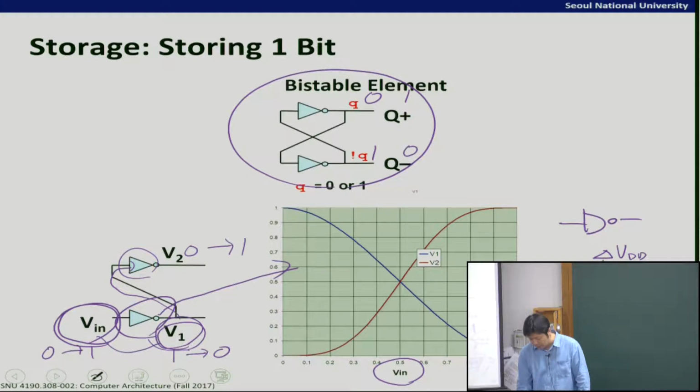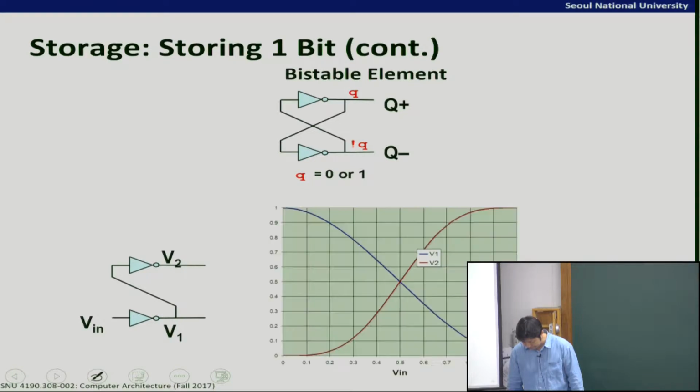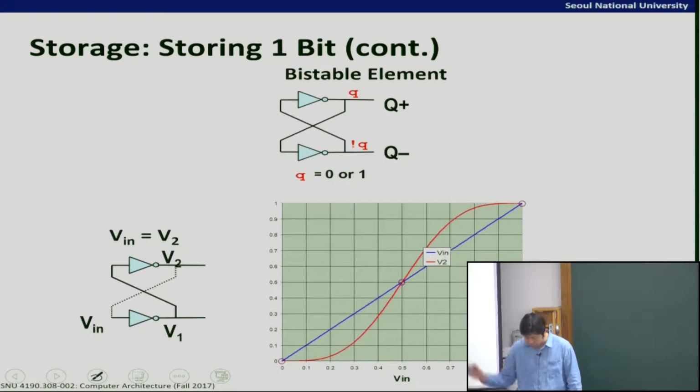What happens if we connect these two? Let's say this output is now cross-coupled with the input of V1, like this. Then what's going to happen? In this case, we actually short-circuit these two nodes, V2 and Vin. There's another curve, the blue curve, which looks like this.